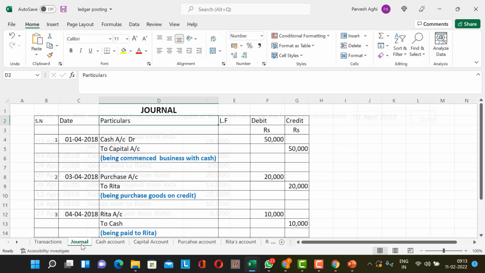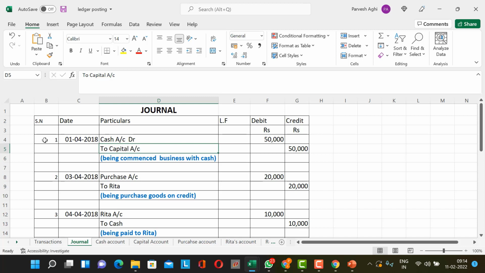So the first entry has the date 1st April 2018. He commenced his business with 50,000. So cash is the real account, and cash is debited, what comes in. Cash has come into the business, and we credit the capital account of the person who is doing the business.